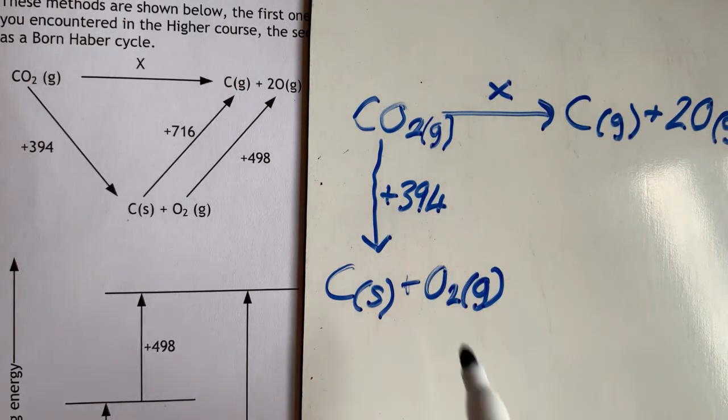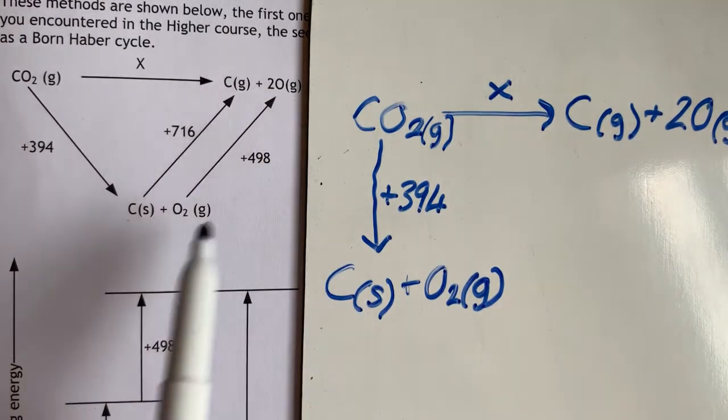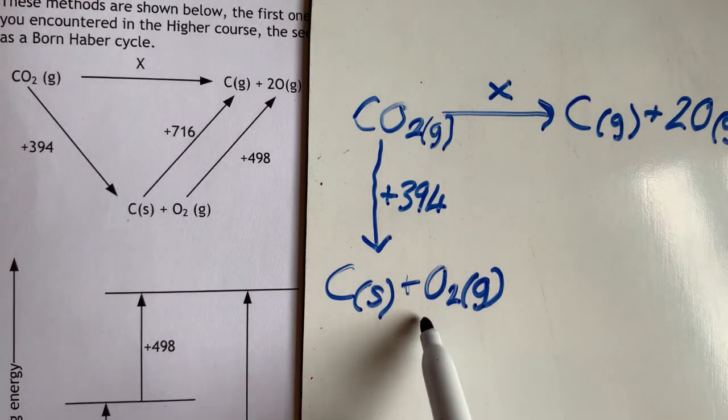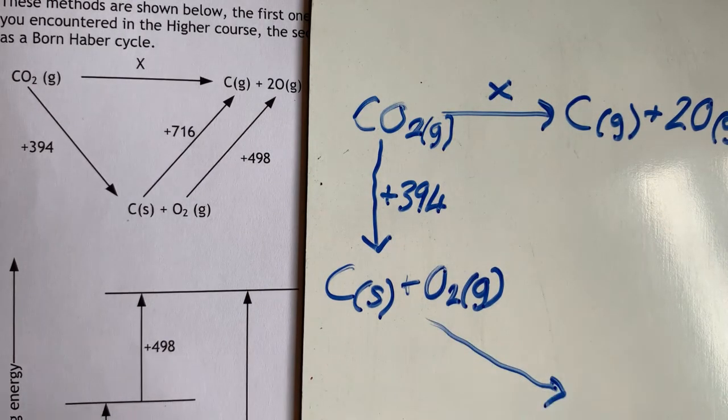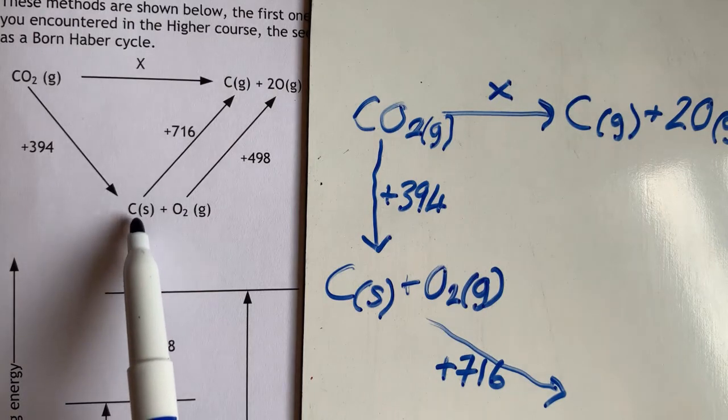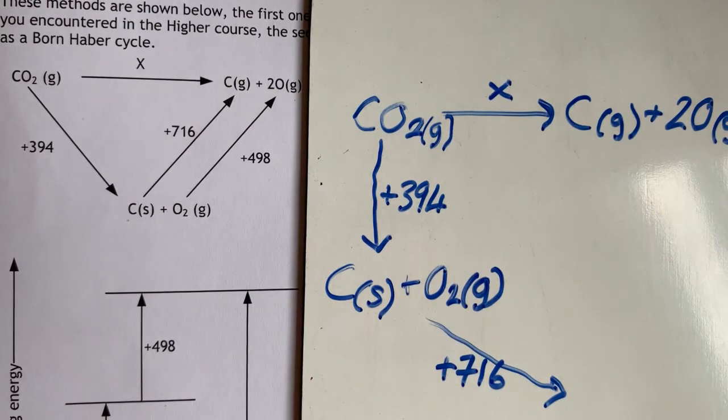And then what we can do is we can break this area here into 2 separate steps. So the first one, we can just go with the plus 716. And if you have a look what's actually happened there, we've gone from carbon solid to carbon gas. So that's the only change that's happened there.